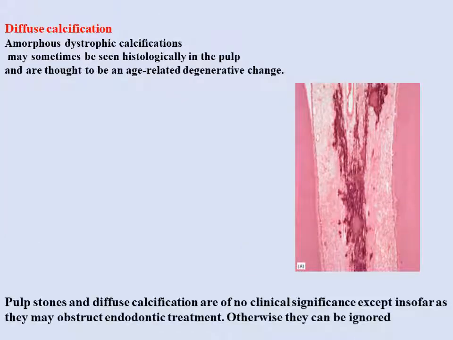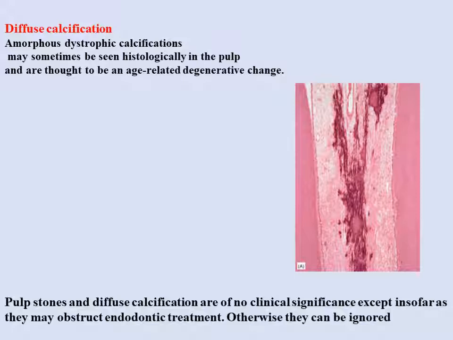The other type of calcification is diffuse calcification. As you can see in this slide, we have amorphous calcification, and it is diffuse in the pulp. It's not like a round group. This is mostly related to age-related degenerative changes.